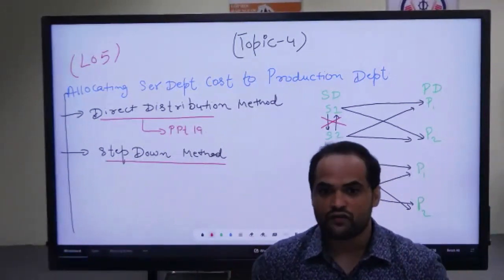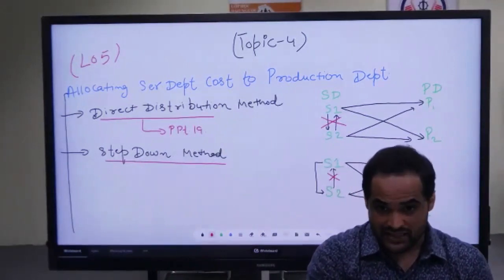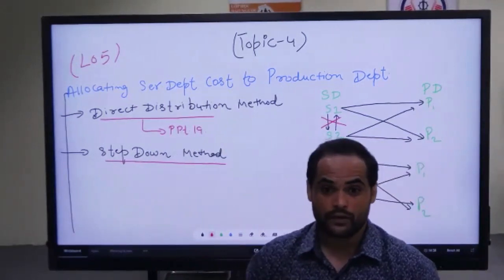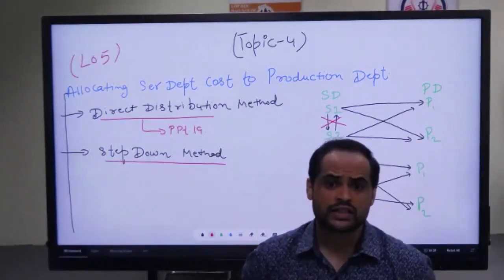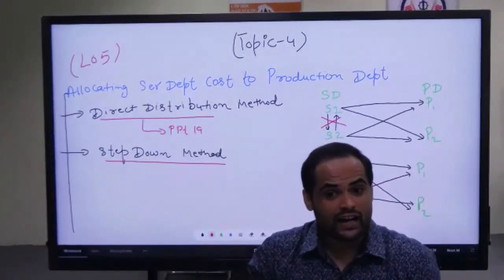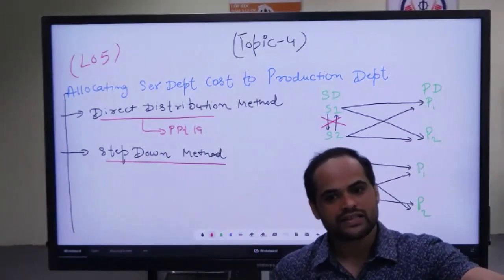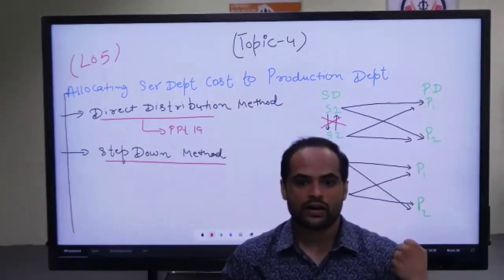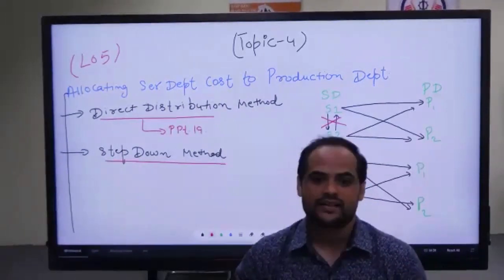You do not need to find out what kind of services are provided by this department to another department. This is the responsibility of the head of department, to find out what services I am providing and what services I am taking. Obviously, if you are working in that department, you can understand.